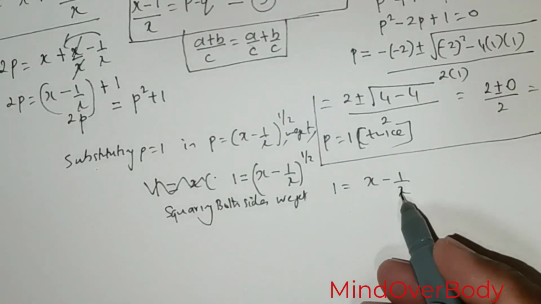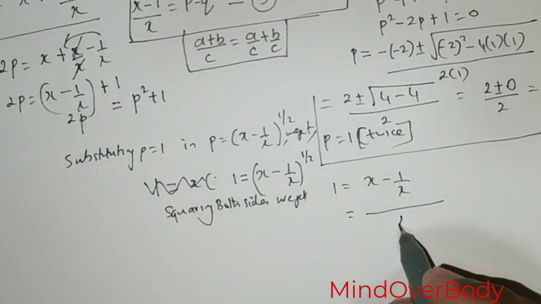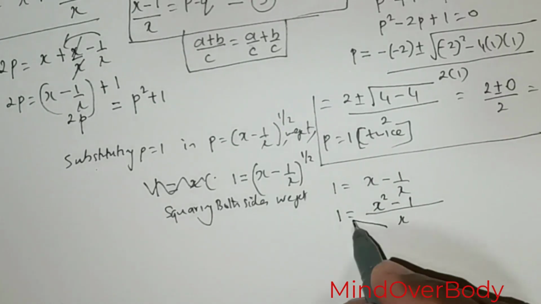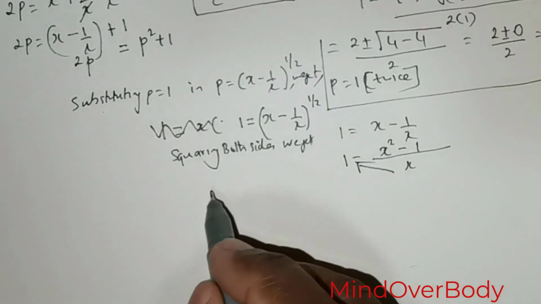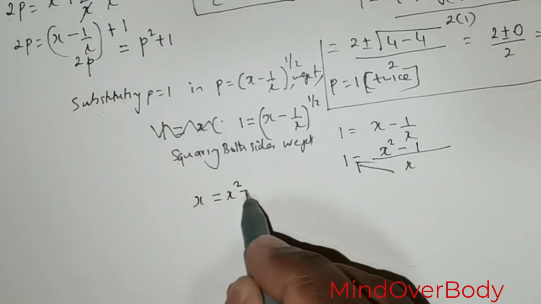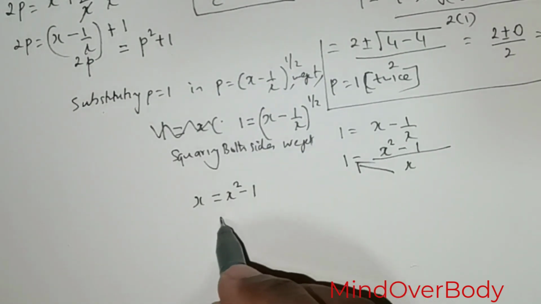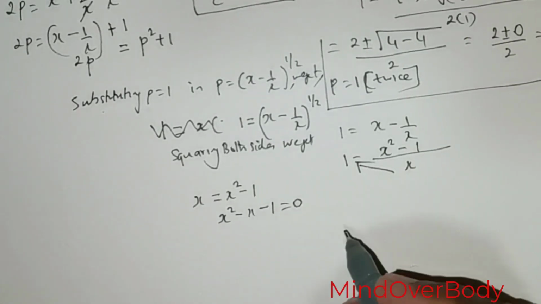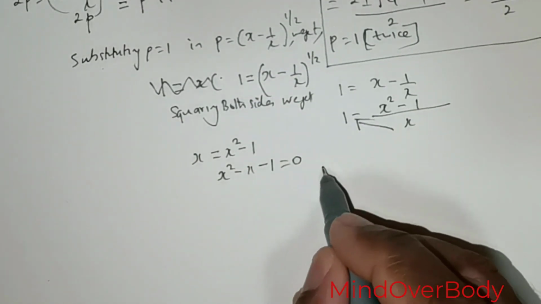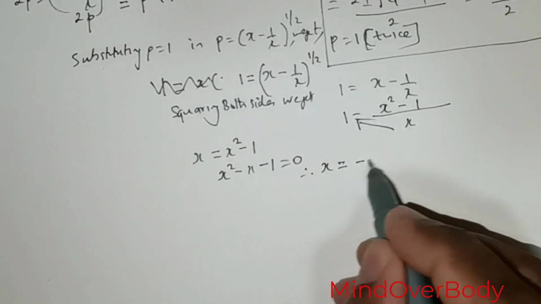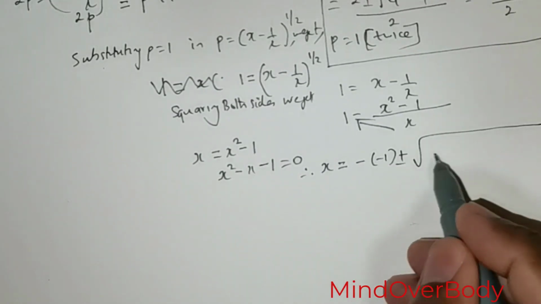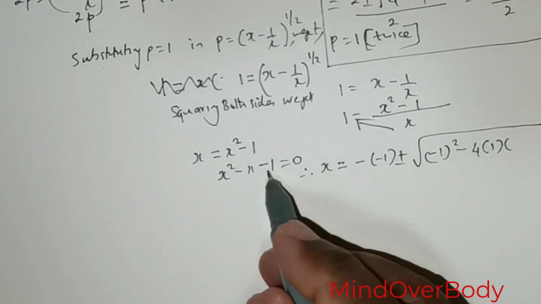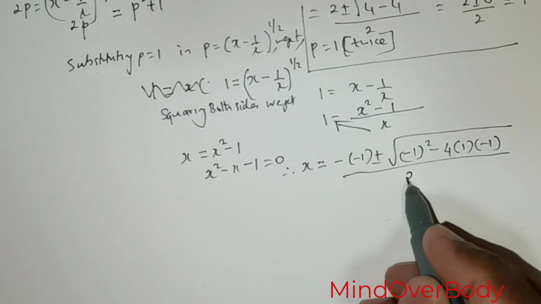Now I need to get rid of this x, so the best way would be the LCM. So that would mean x² − 1 over x, and on the left I've got 1. I cross multiply, so that gives me x = x² − 1, which can be rewritten as x² − x − 1 = 0. Now this is again a quadratic, so I would be using the quadratic formula. So x = (−(−1) ± √((−1)² − 4·1·(−1))) / 2.